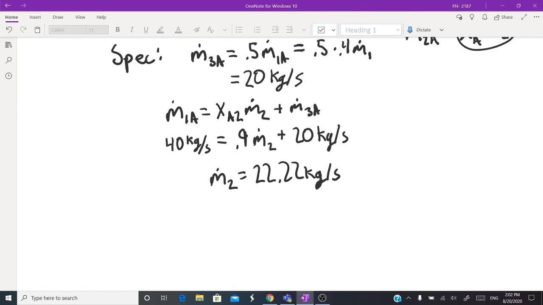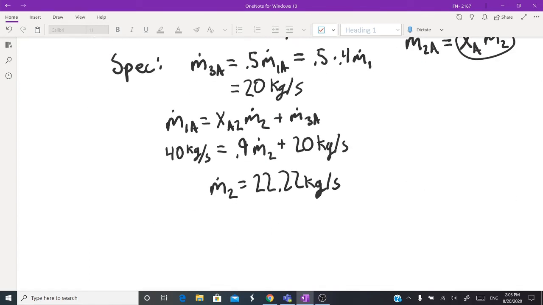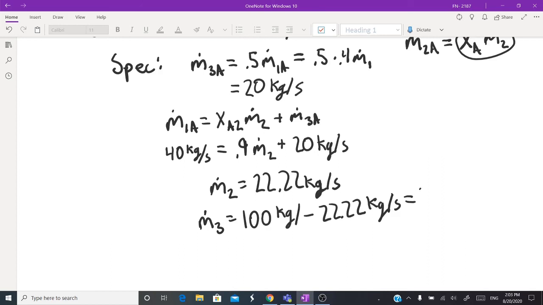With that, and using our overall material balance, we can say that M3 would just have to be 100 kilograms per second minus 22.22 kilograms per second, which is 77.78 kilograms per second.